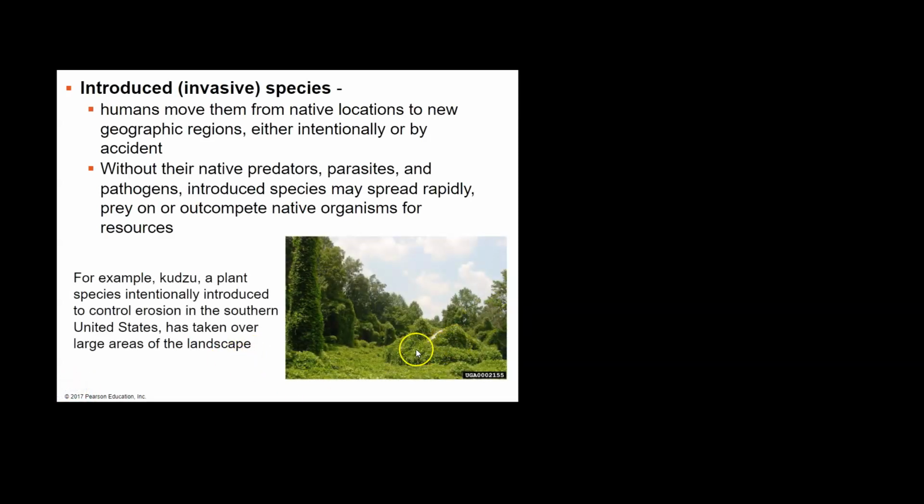So this is an example of kudzu, which is a plant that was actually introduced by humans as an attempt to control erosion in the South. And what they found is because it didn't have any natural parasites or herbivores or pathogens, it quickly spread like crazy and overtook entire ecosystems.